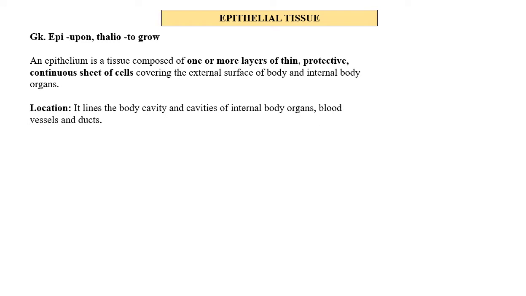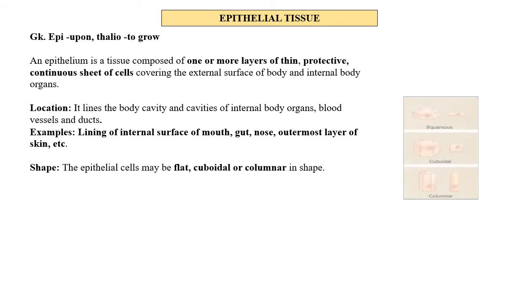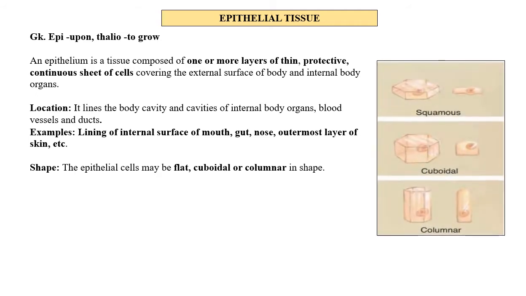Location: it lines the body cavity and cavities of internal body organs, blood vessels, and ducts. Examples are the lining of the internal surface of mouth, gut, nose, outermost layer of the skin, etc. Shape: the epithelial cells may be flat, cuboidal, or columnar in shape.